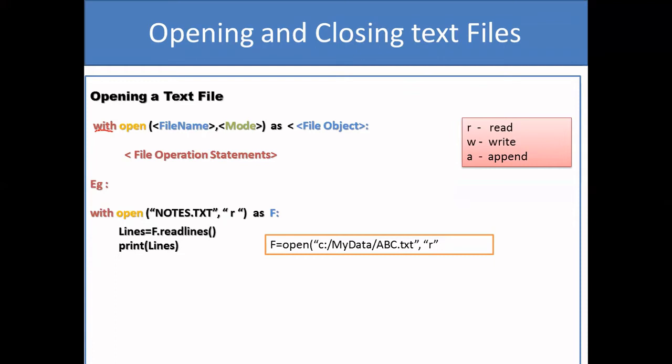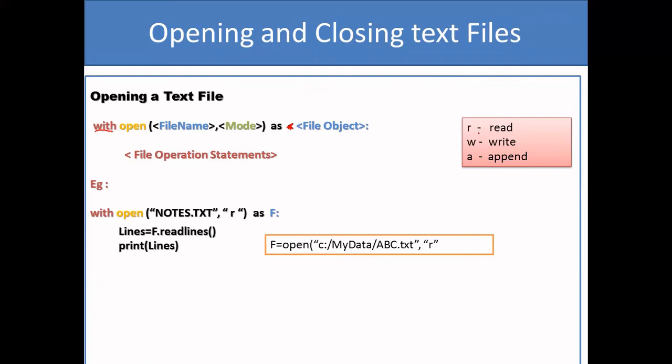So we are opening the file with the keyword with, open and the file name, as you used to give, then the mode, and here you have to write as and the file object. Whatever operation you want to perform, write it over here, and no need to close. So this is the advantage of with. In the previous way you have to close the file, but in this case there is no need to close the file.